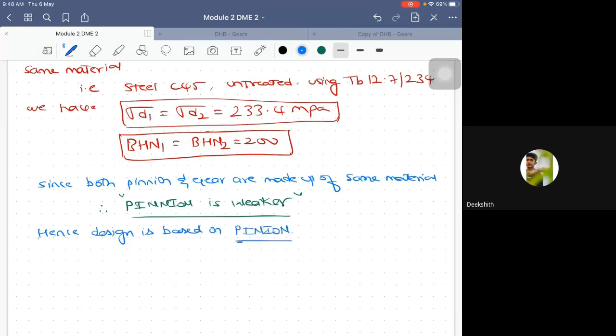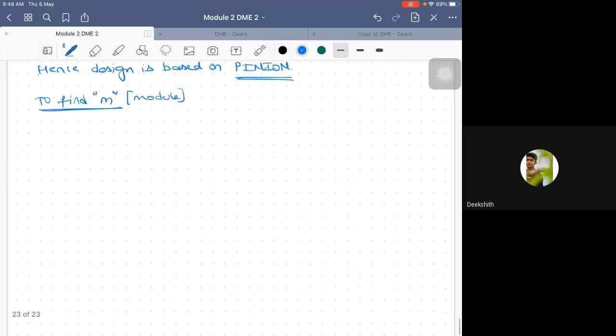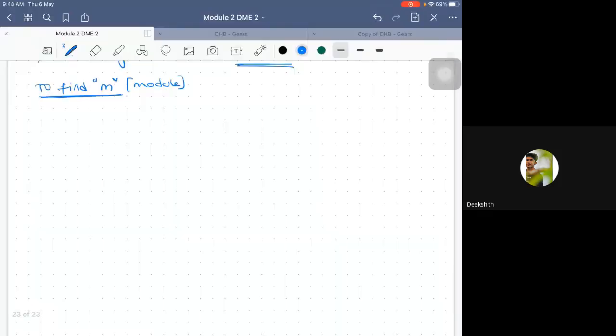Now continue with the problem. Once we have decided the weaker part, what is our next step? It is to find the value of module. In order to find that, you have an expression you are very much familiar with.